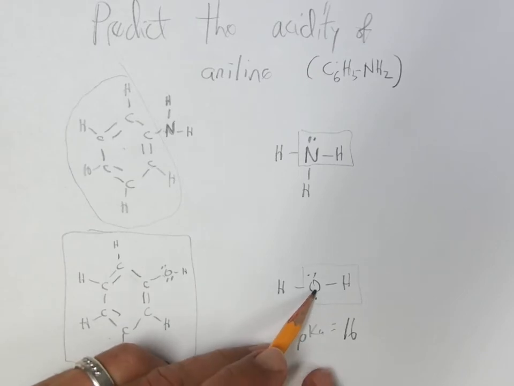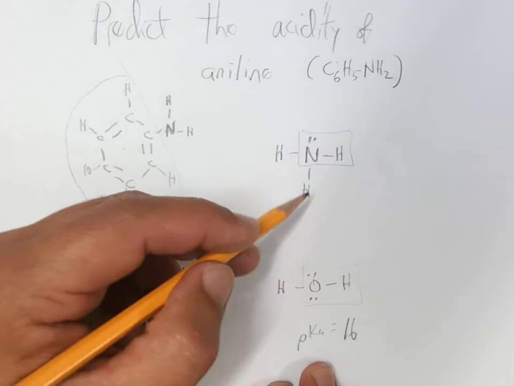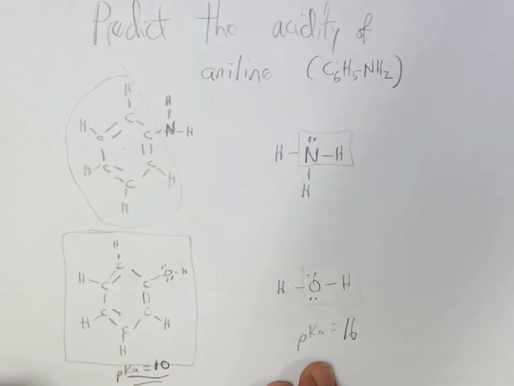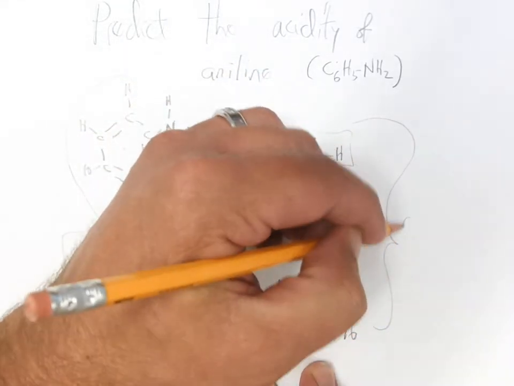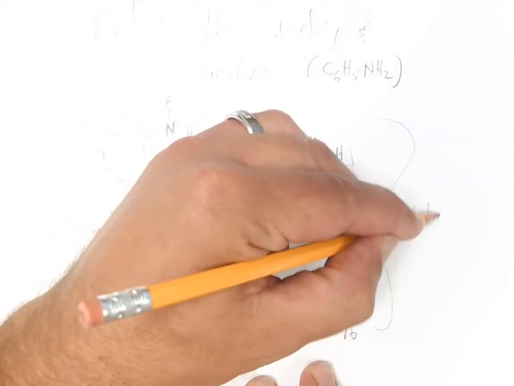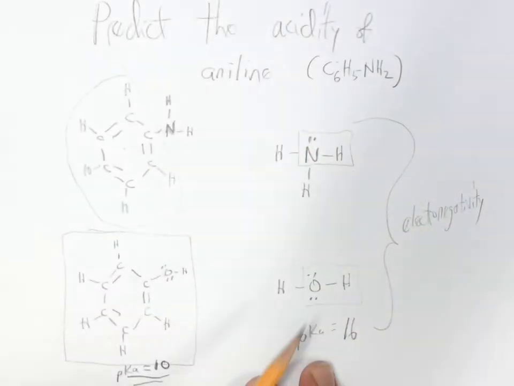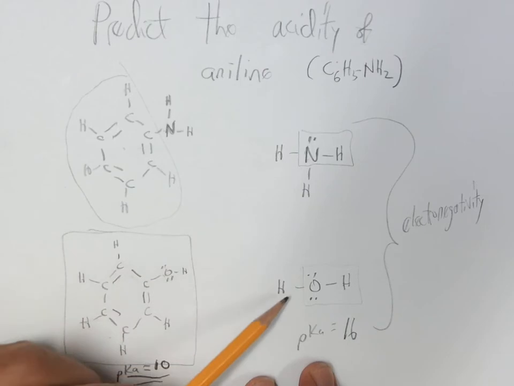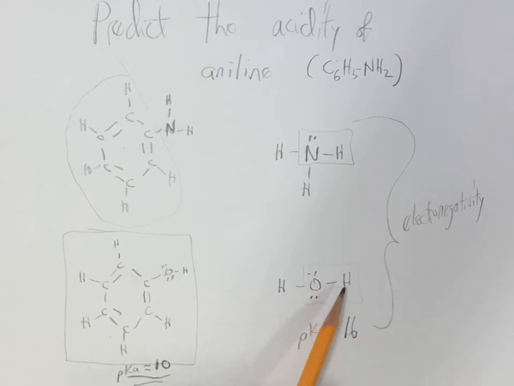And if we change the oxygen attached to hydrogen to a nitrogen attached to hydrogen, that has a dramatic effect on the pKa. So as we studied these two, we noticed that there's an electronegativity difference between oxygen and nitrogen. Those both being in the same row are similar in size, so electronegativity is the property of the atom directly attached to hydrogen that's going to affect its acidity.